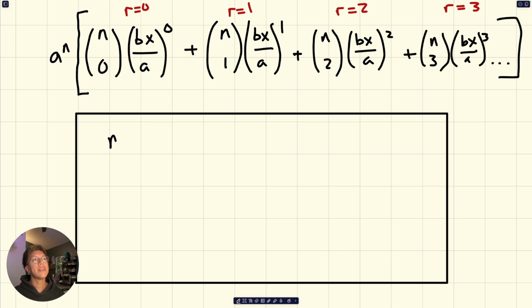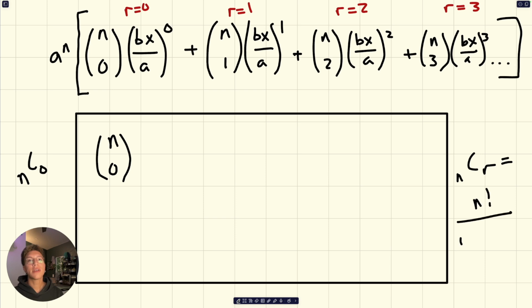So if we have n choose 0, we're using our n choose r formula. So n choose r has the formula n factorial over r factorial times n minus r factorial, like that. And so here, this is going to be equal to n factorial, n is n, and our r is 0.